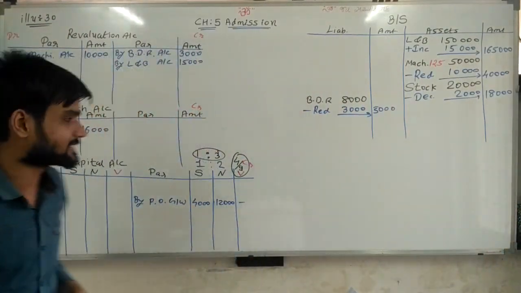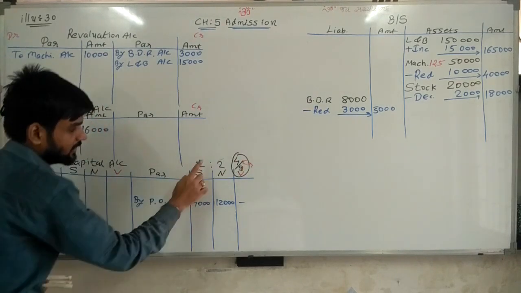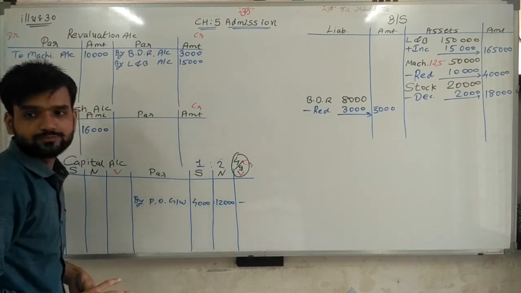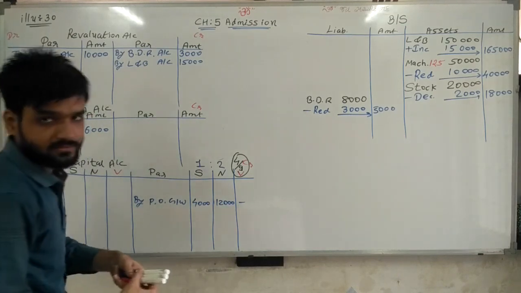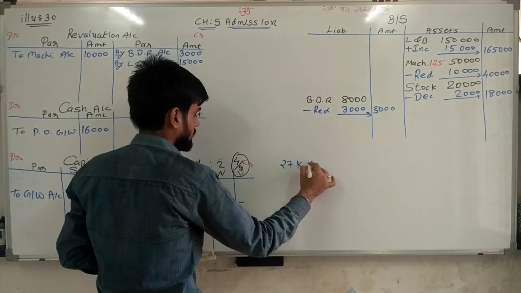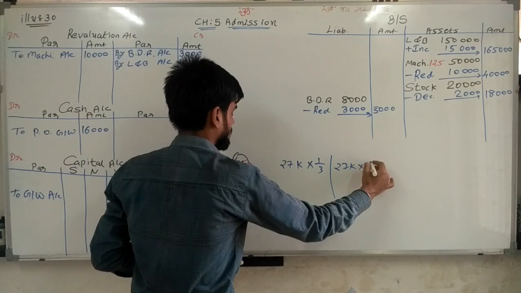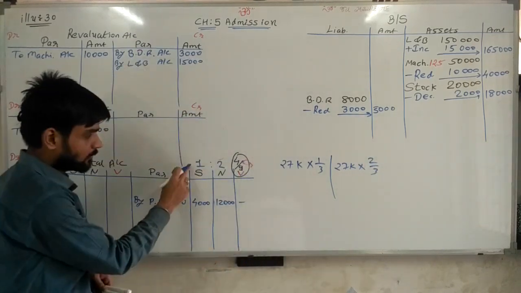Now this 27,000 we are distributing in the old ratio 1:2. So again you have to calculate 27,000 multiply 1/3, 27,000 multiply 2/3.